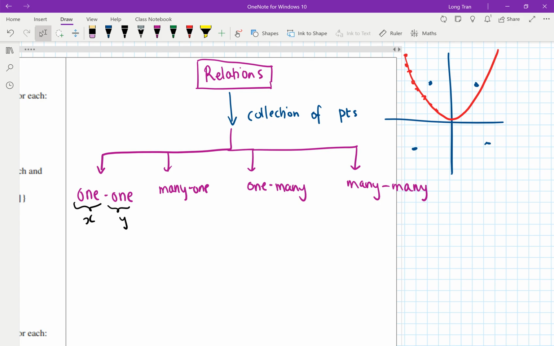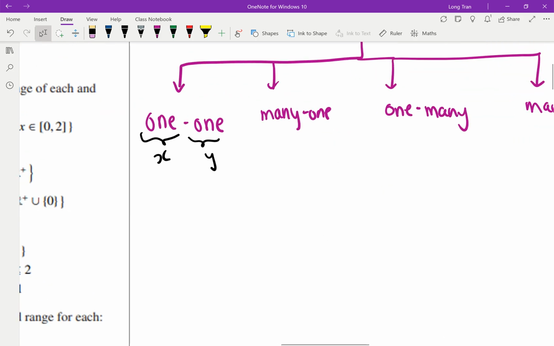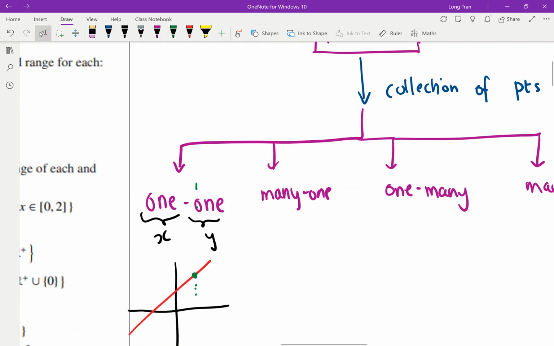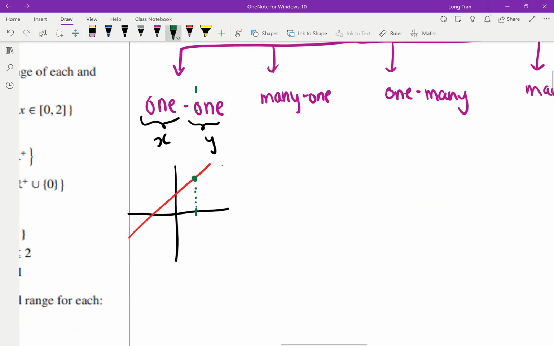What's an example? A straight line. If I drew a straight line equation for you, every point, if you pick a point on the graph, this corresponds to one x coordinate.